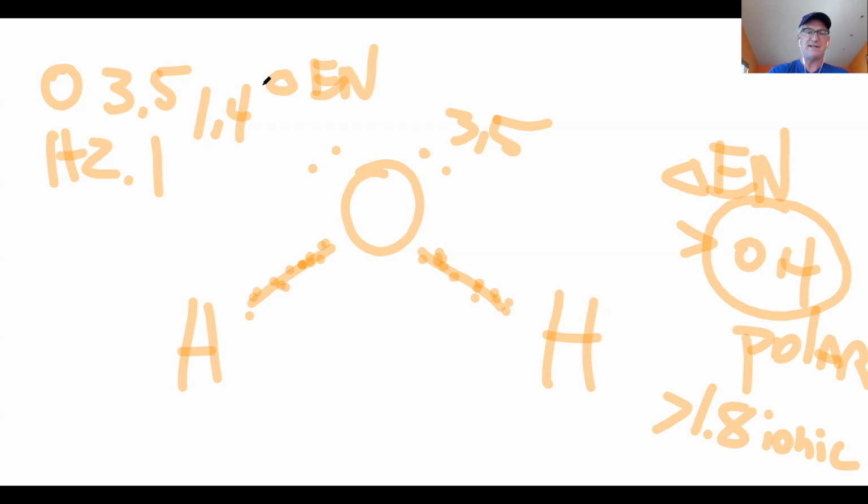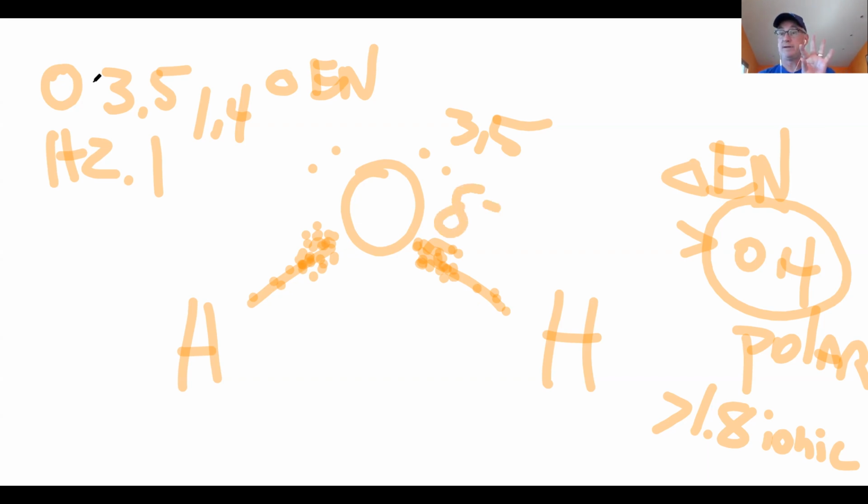And so this density, instead of looking relatively even, starts to pile up a little bit more closer to the oxygen and a little bit less around the hydrogen. And so we see that density now becomes less around the hydrogen than it was, and more around the oxygen, which means the oxygen becomes slightly negatively charged.